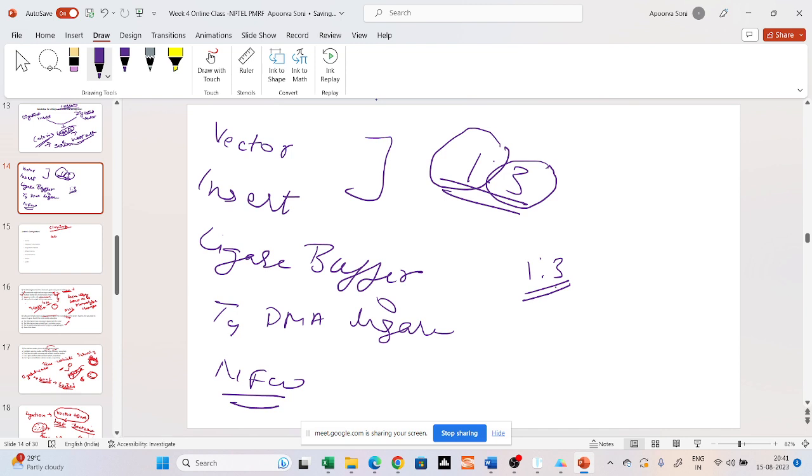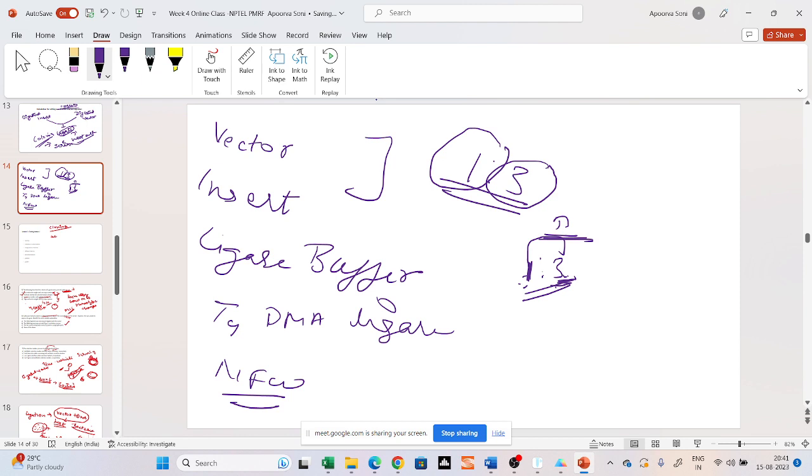That means insert has to be present in more amount than the vector. Is it clear? This is the ratio in which you have to take the insert and the vector. For every one vector there should be 3 insert molecules.